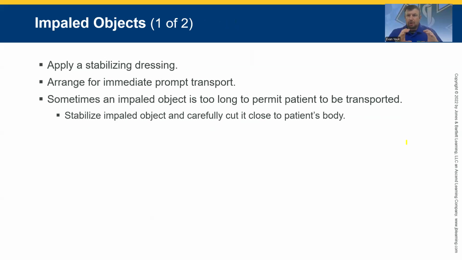We took two roller gauze and there was a knife in the chest, and we put those roller gauze on each side. And that's how we secured that knife. We started wrapping the whole chest, and we would use the roller gauze as a guide. So we weren't wrapping around the knife, we were wrapping up against it. So we secure the object in place the best we can, and we transport extremely gently.